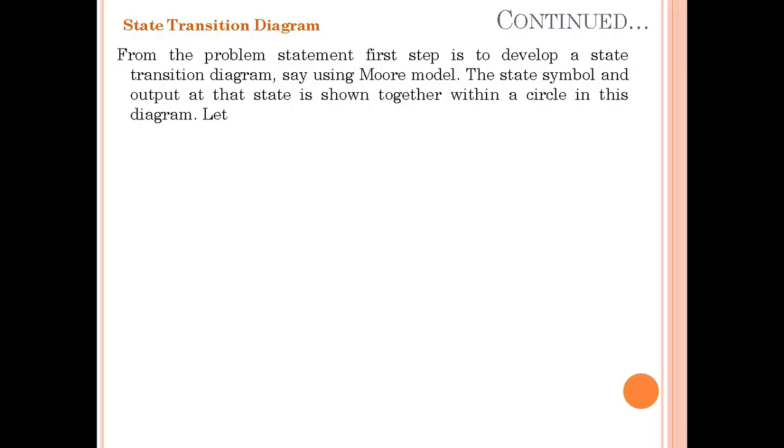we have to develop the state transition diagram using, say, the Moore model. The state symbol and output at the state are shown together within a circle in this diagram.